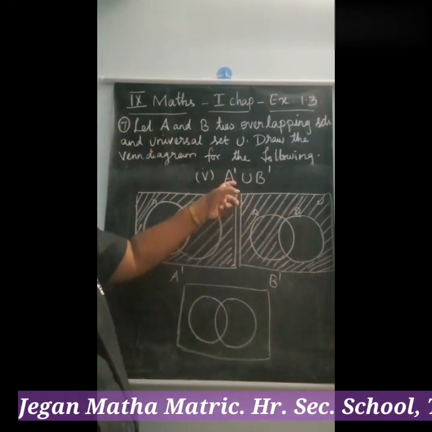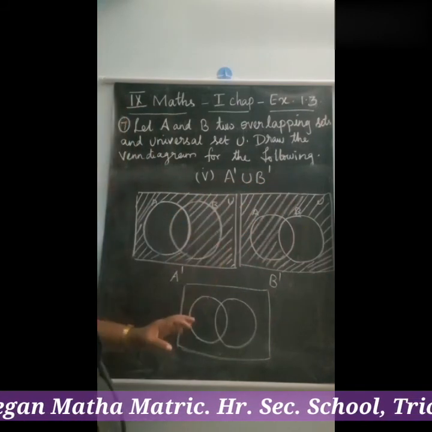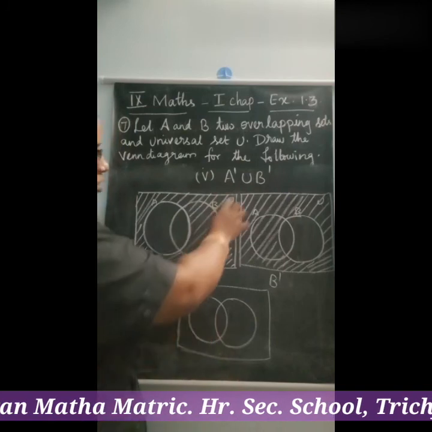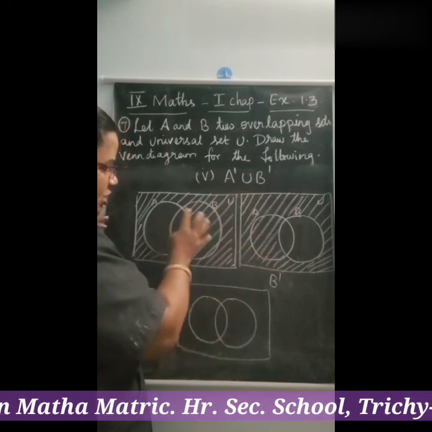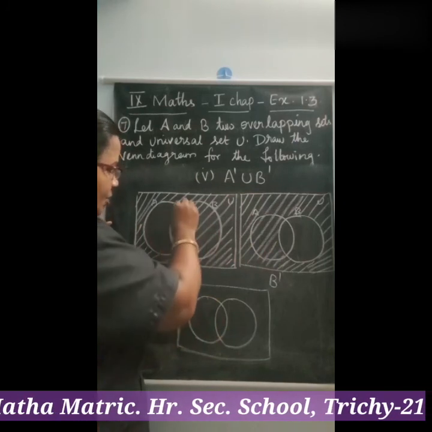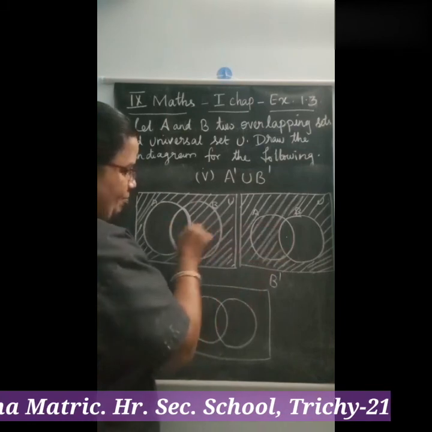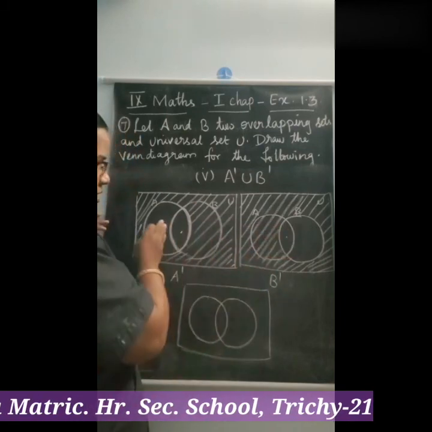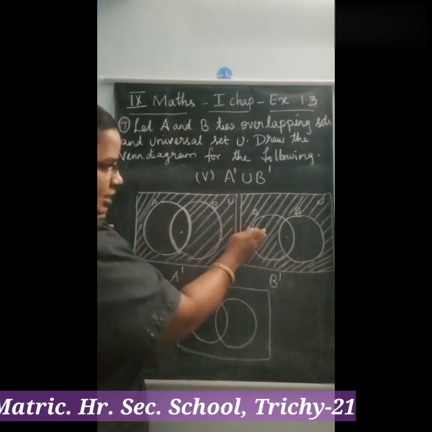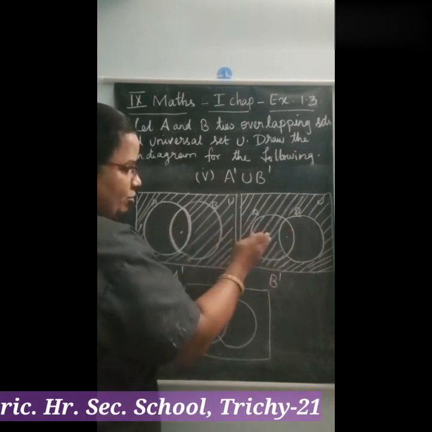And the final result you have to represent is A dash union B dash. So how to represent this one? Union means combine. So this one also and this one also. You don't shade the common part, because the A portion is here and the B portion is here.